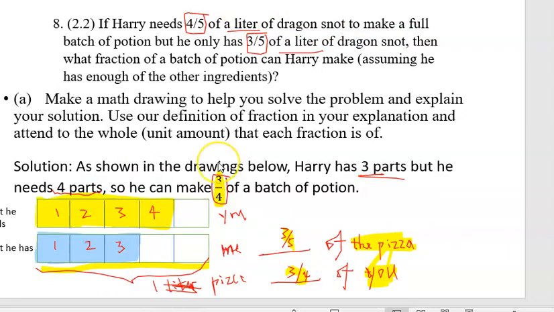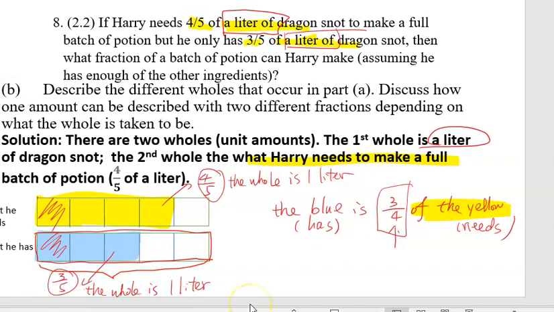And notice the whole for 3/4 is a batch of potion. Or in the picture here, you can see it's the yellow part. The yellow part is the whole for 3/4. So notice that we have 2 different wholes. The first whole for both of these 2 fractions is 1 liter, a liter of dragon snot.